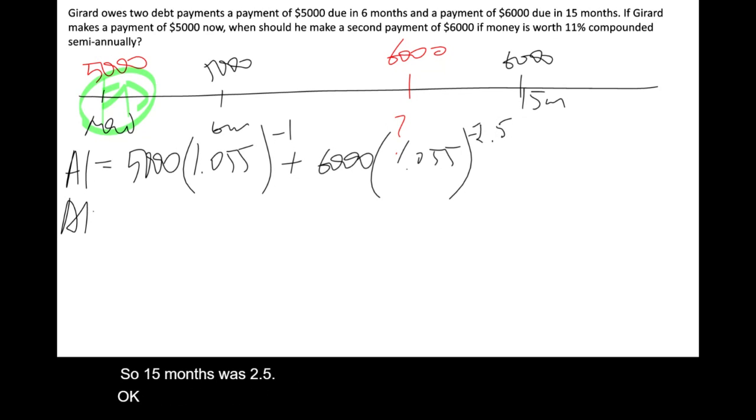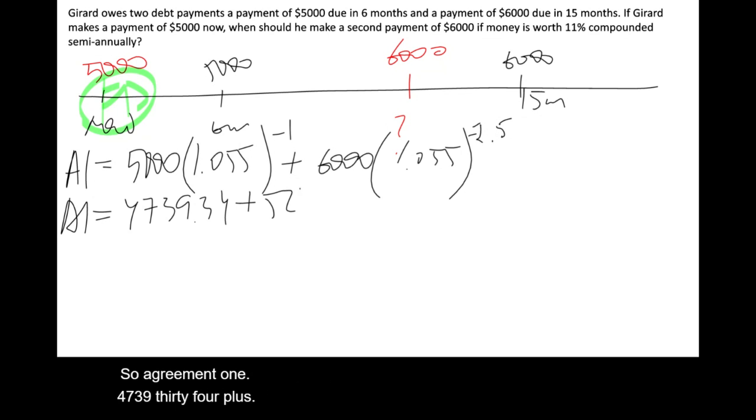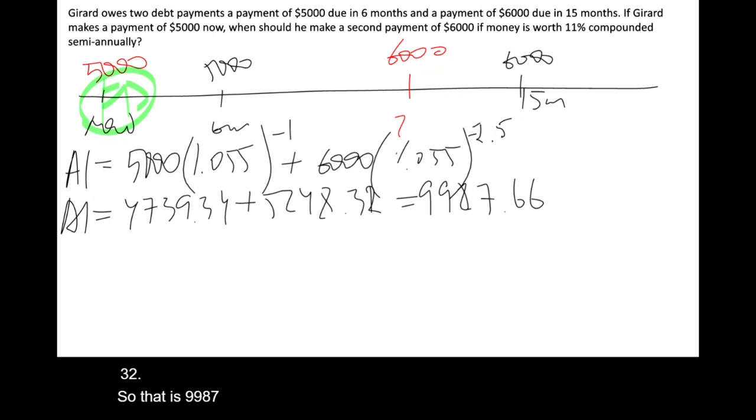Okay, so agreement 1 is 4739.34 plus 5248.32. So that is 9987.66. So that was agreement 1.